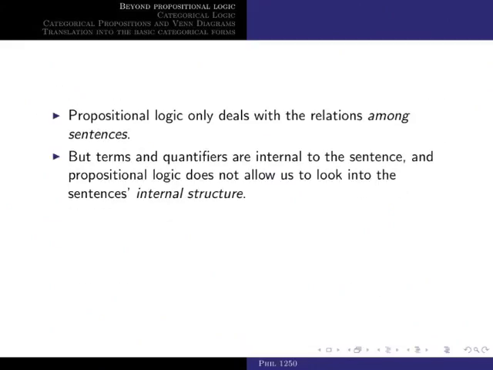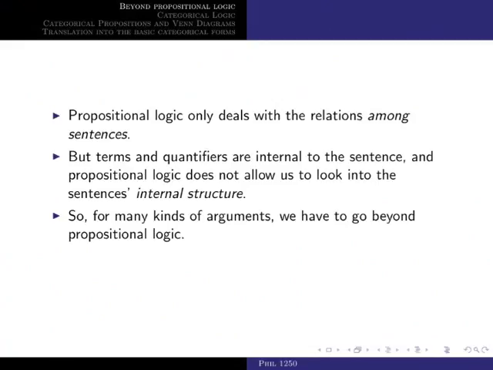So propositional logic only deals with relations among sentences, as determined by the connectives, right? However, we saw that in these arguments, the validity depends on terms and quantifiers, but these are internal to the sentence, right? And propositional logic does not allow us to look into the sentence, but only into the relationships between the sentences.